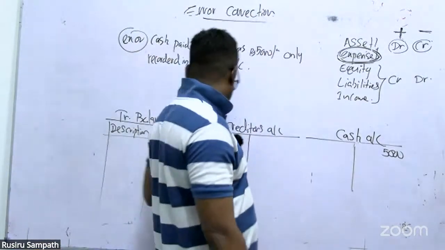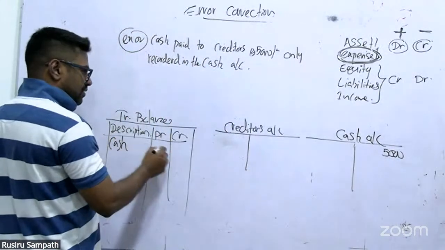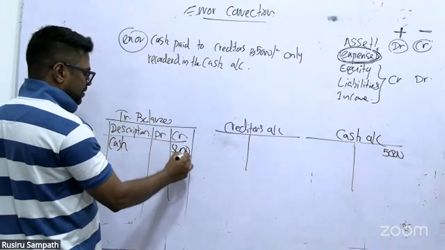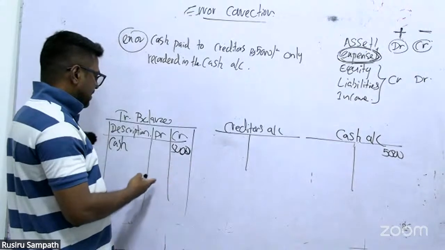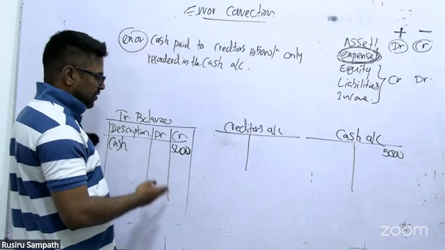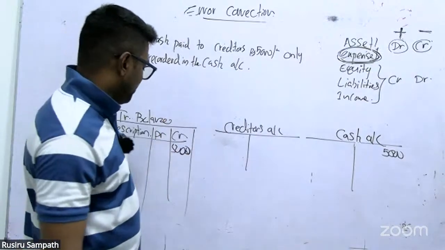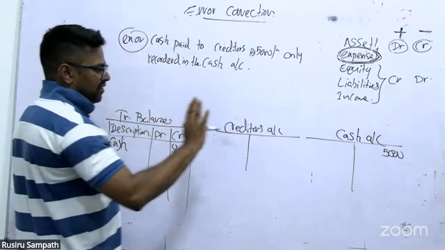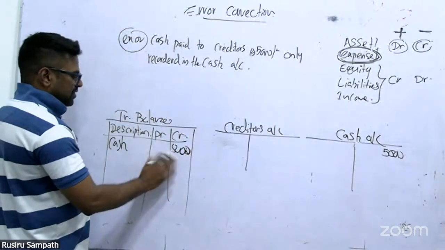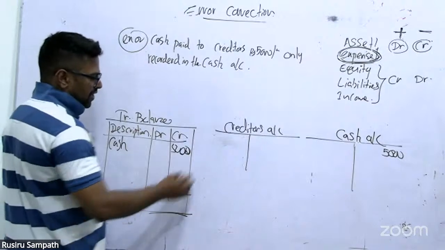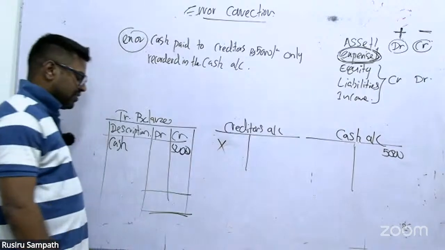Cash 5,000 credit is recorded, but the debit was not recorded in the accounts. So we record 5,000 credit in the trial balance, but the debit entry is not recorded in the traders account.